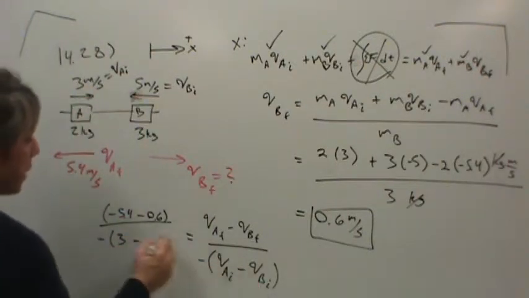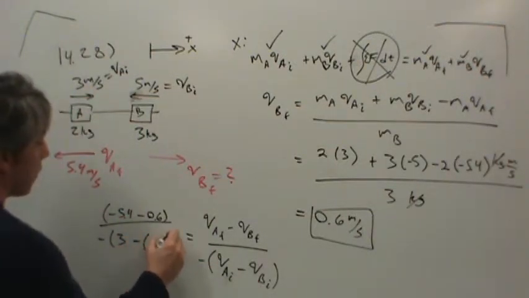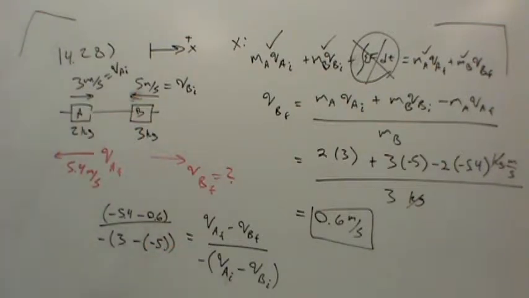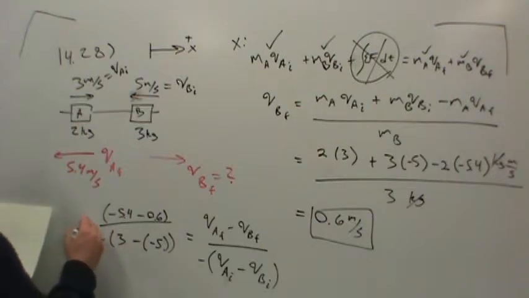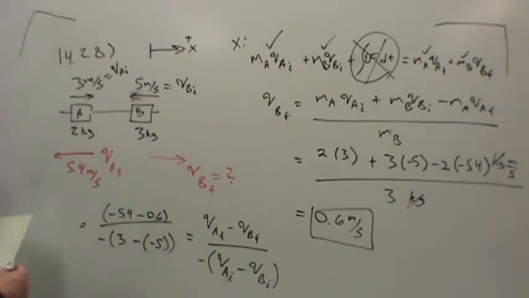The velocity of B initially is negative 5 meters per second. Okay? And when you plug in all these numbers to your calculator, let's see, let me make sure I've done all this right. Verify with my notes. Yeah, it should be fine. When you plug this in, then what you find is the coefficient of restitution is 0.75.